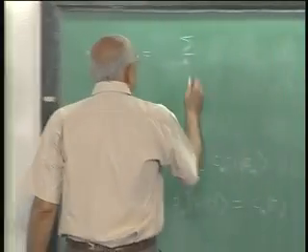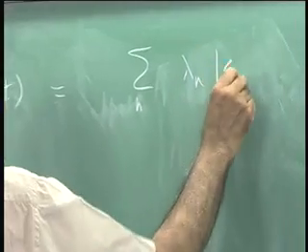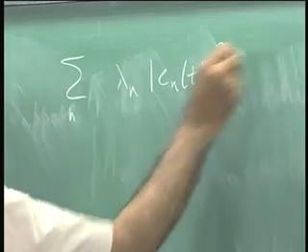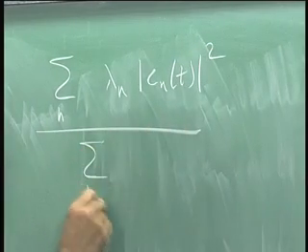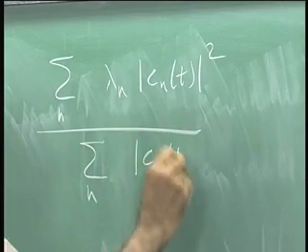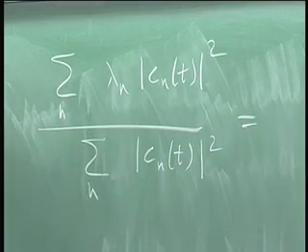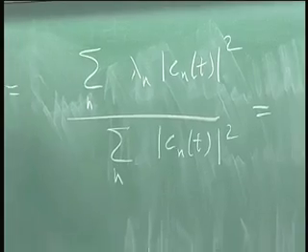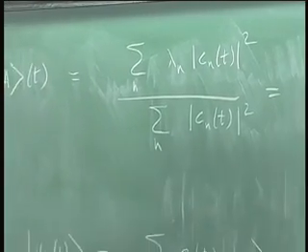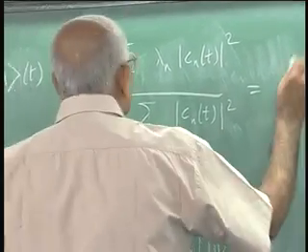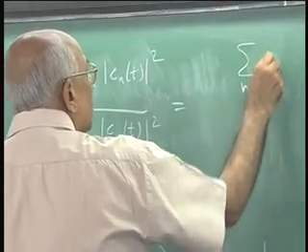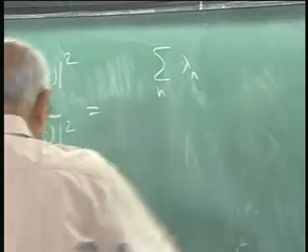So this is summation lambda n mod Cn of t whole squared divided by summation over n of mod Cn of t whole squared, but that can be written in a slightly different way. I would like to go back and write it in terms of psi to get a compact formula. So this is equal to summation over n lambda n, and what is Cn of t?